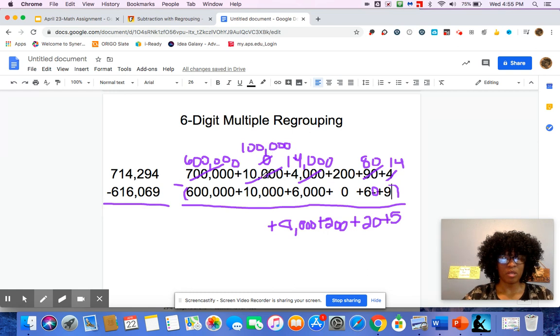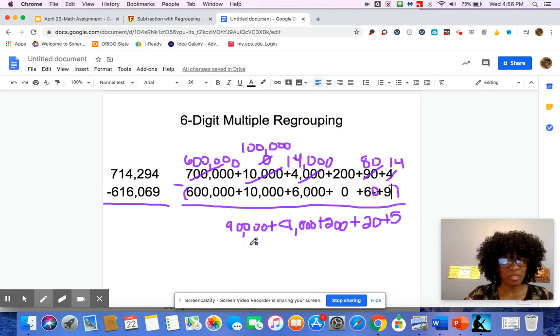And we have our 100,000 minus our 10,000, which gives us 90,000. Okay. And then here we don't have anything because our 600,000 minus 600,000 is 0, but we're not going to write our 0. We're just going to leave it like that.